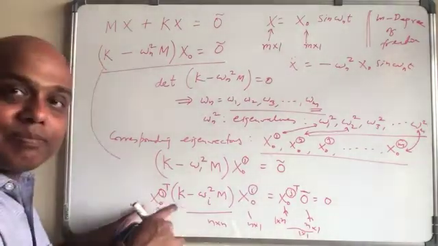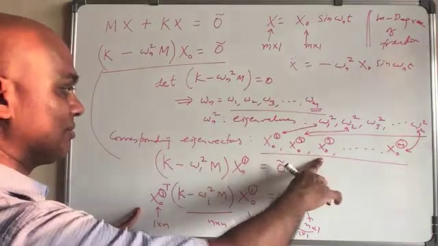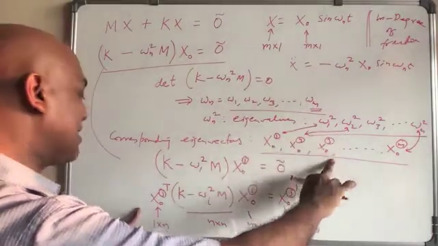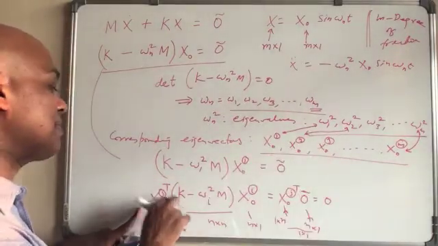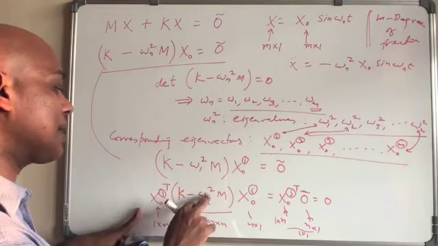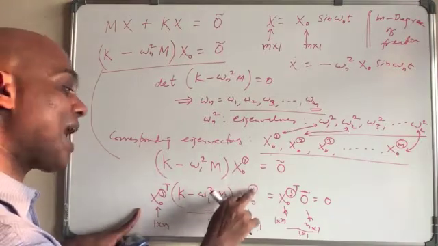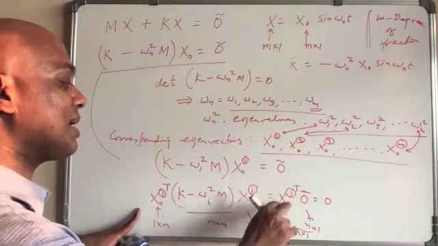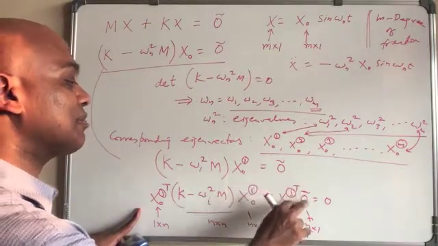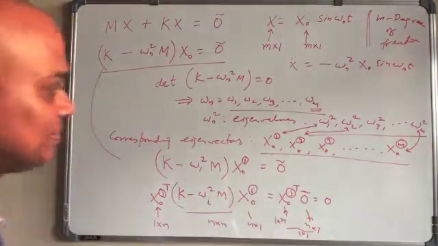So the jth eigenvector, transpose of that, multiplied by k minus omega i square m x naught i, is equal to x naught j transpose 0, so all equal to 0.